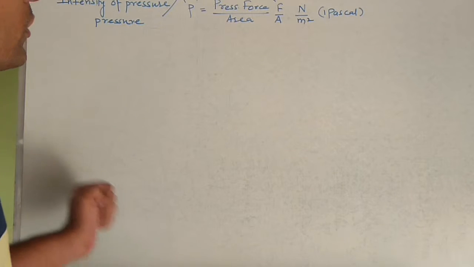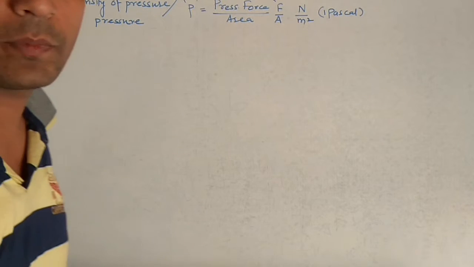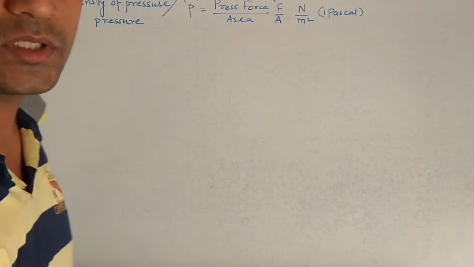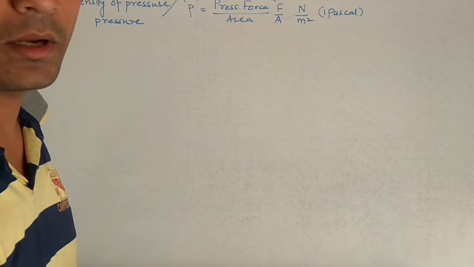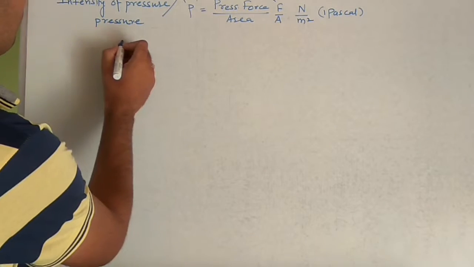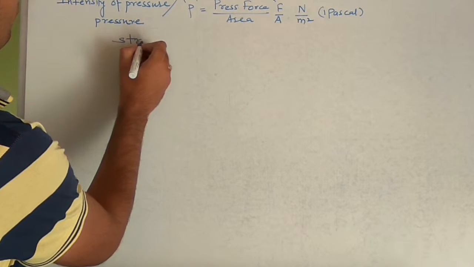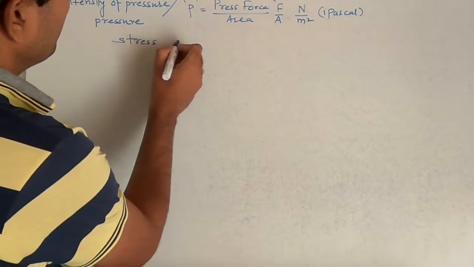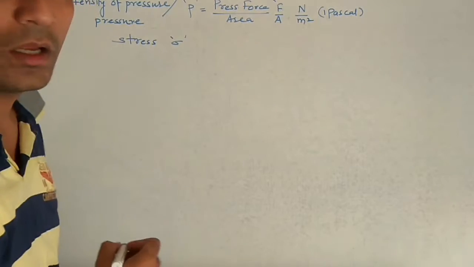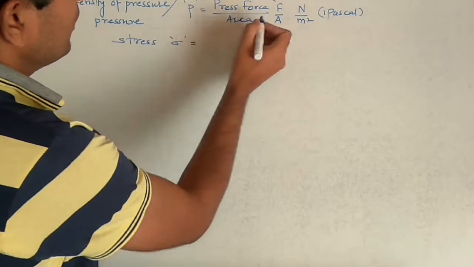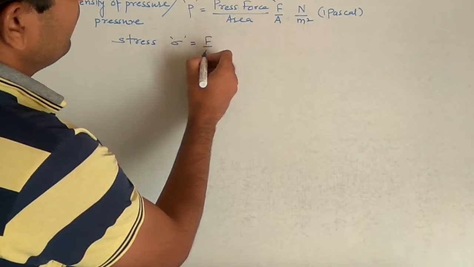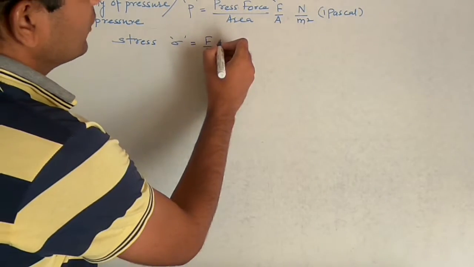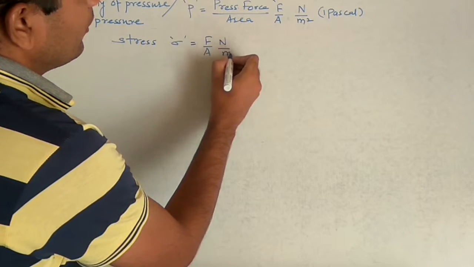So before starting this intensity of pressure or the pressure, we should know the basic difference between stress and pressure. So stress is denoted by sigma, and that is also having the same formula F divided by A, and having the same unit Newton per meter square.